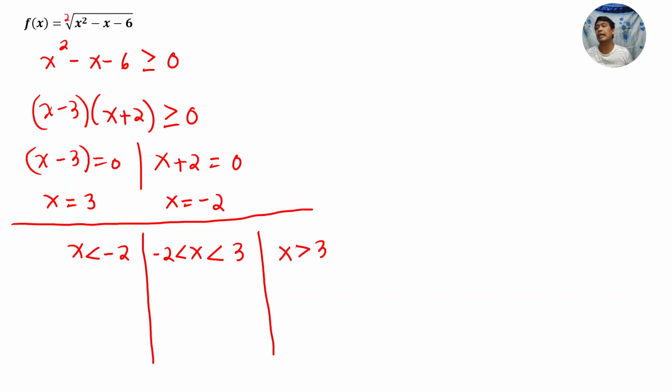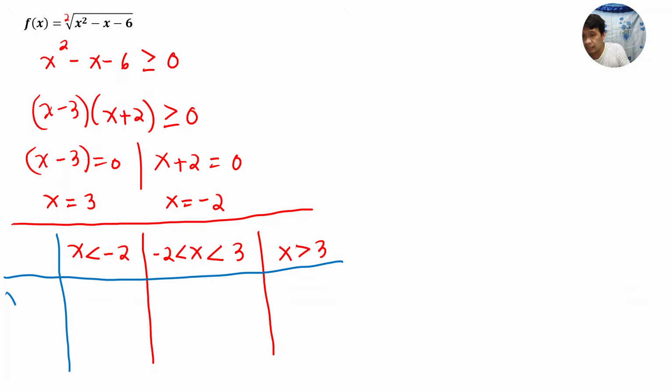So, pipiliin muna natin ang mas mababa. So, since x is negative 2 is less than that 3, so kukuha ako dito ng x is less than negative 2. Tapos, yung mas mataas, lalagay natin dun sa dulo. Greater than that naman. And then lastly, kukuha ako in between. Then get a sample. Kunin natin yung x minus 3, kunin natin ang x plus 2, and then kunin natin ang magiging product.